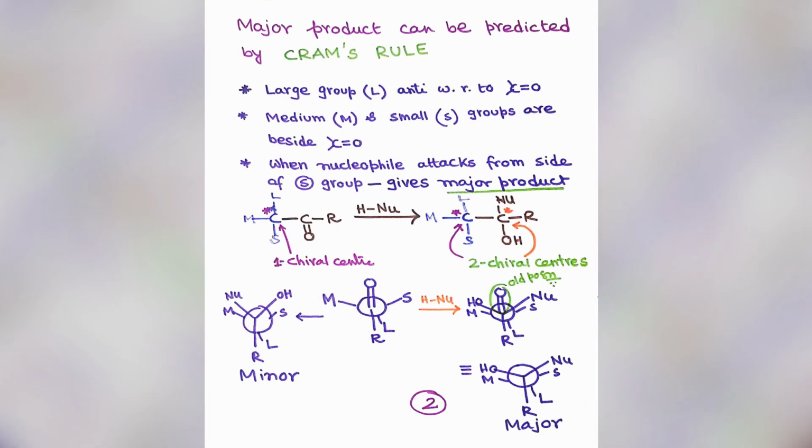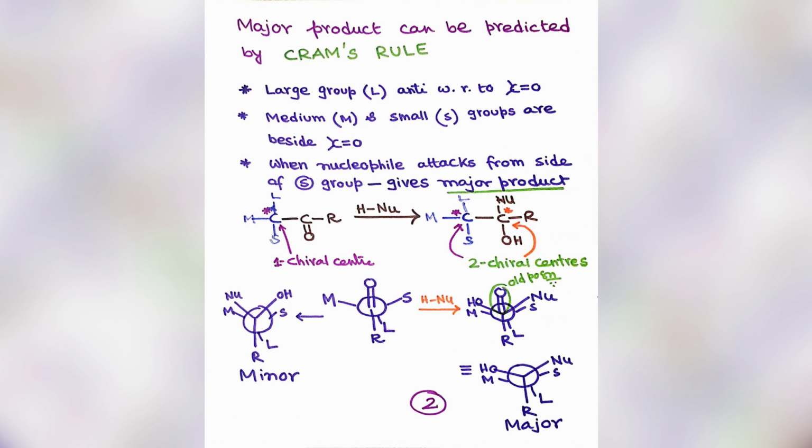Now coming to the application of Cram's rule in order to identify the major diastereomer and the minor diastereomer, we have to follow certain steps without any mistake. First of all, we go to the chiral center and, for the 3 groups other than the C=O, we identify based on their size which one is the large group, which one is the medium sized group, and which one is the small group.